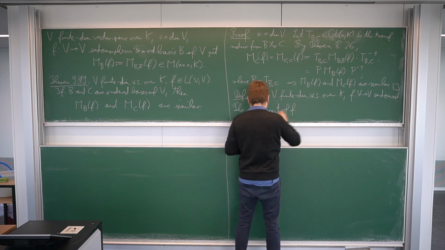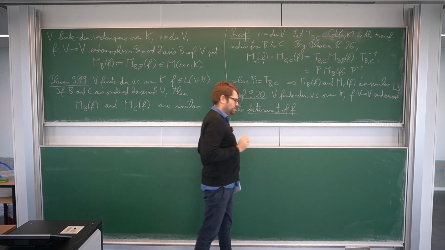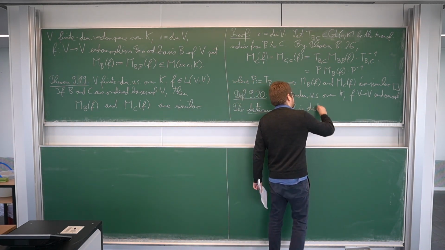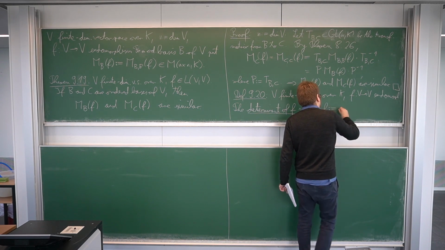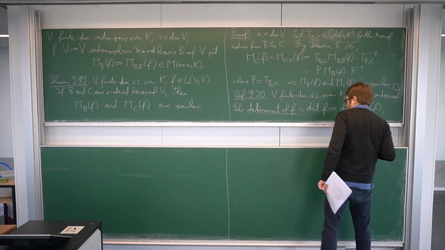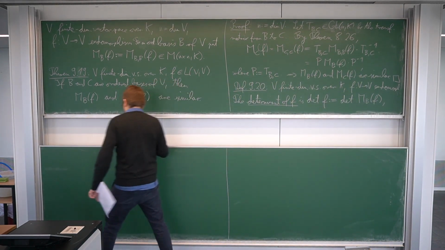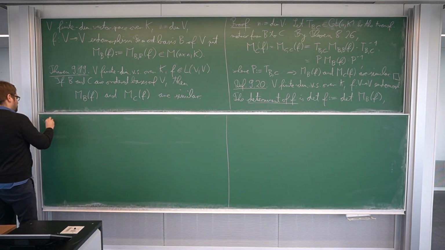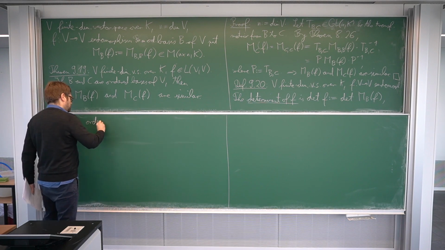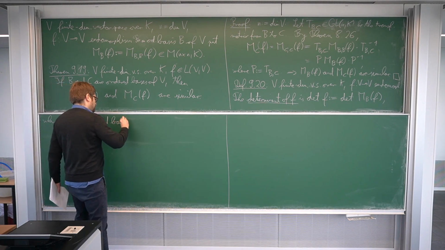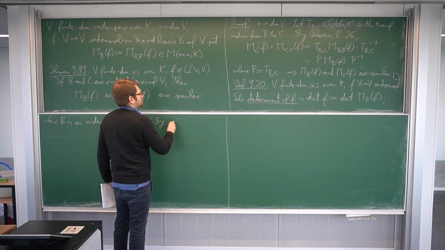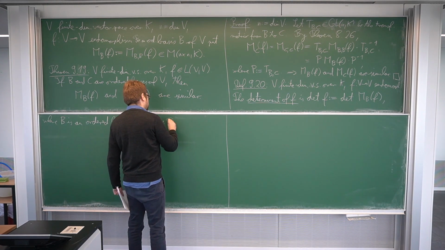Now, we first had the determinant of vectors, then we had the determinant of a matrix, now the determinant of a linear map, so of an endomorphism. So this is det F, which is defined as the determinant of the matrix representation MBF, where B is any ordered basis of V.